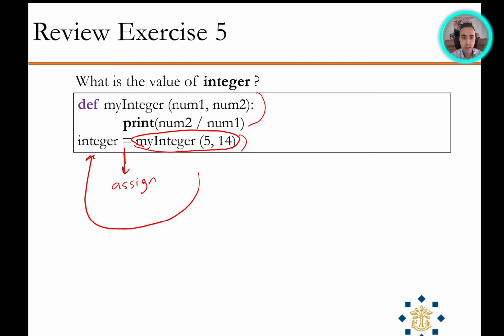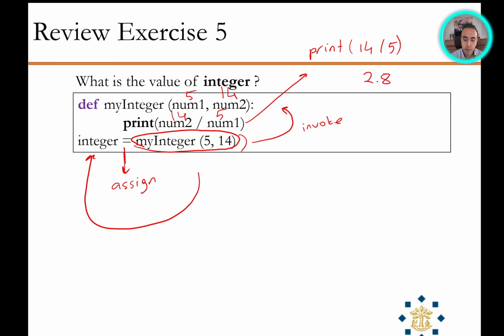But the problem is here, when we invoke the function with 5 and 14, num2 divided by 5, what it does, it prints 14 by 5.